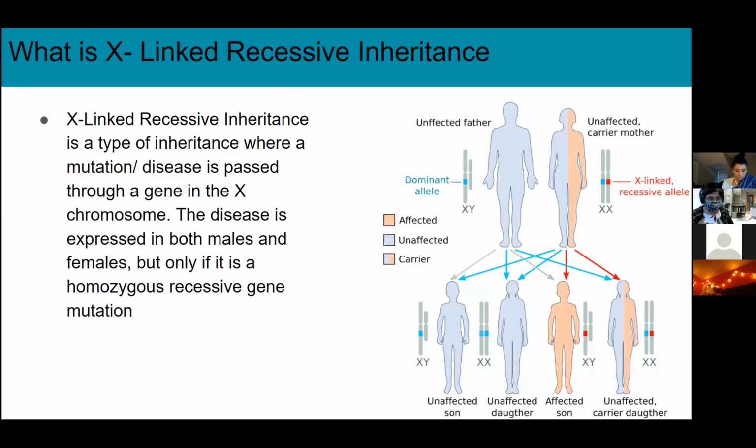When I read that, I immediately thought it was going to have something to do with the X chromosome, due to the fact that it was passed down from the father to the daughters and they were carriers. So I decided to look into what X recessive inheritance was. It is a mutation or disease that's passed down through a gene on the X chromosome, and it is presented only if it is a homozygous recessive gene.